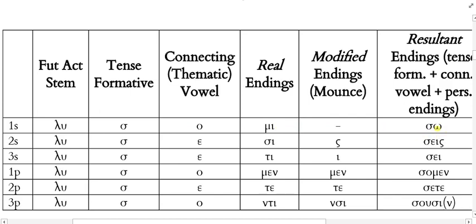So we're left with sigma omicron, so we get luso. All right. Now, basically, for all intents and purposes, it's going to be the same thing as what results in the present active indicative, o, eis, ei, omen, ete, ousi, with the sigma in front. Okay? It will look exactly like the present.